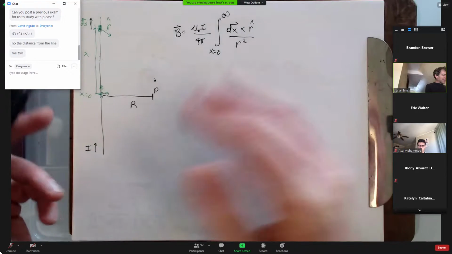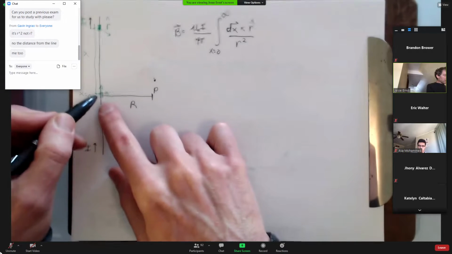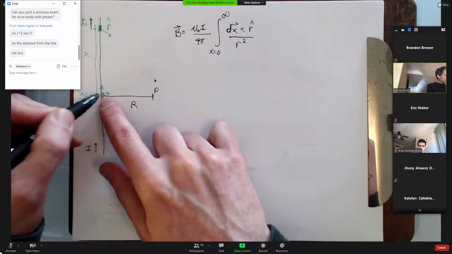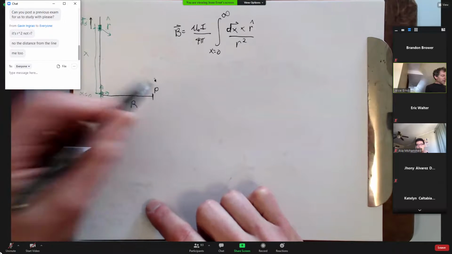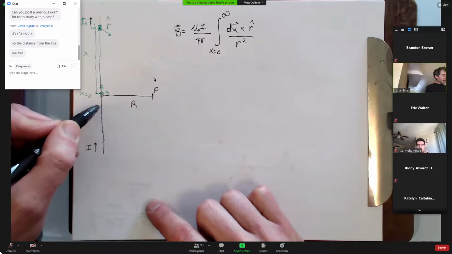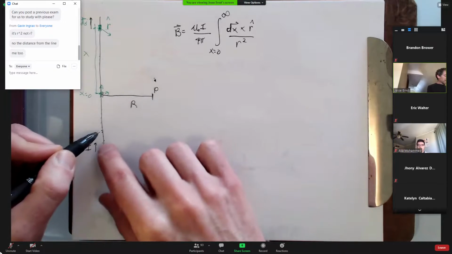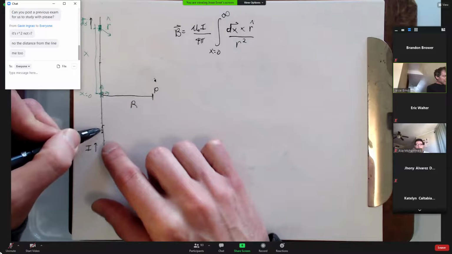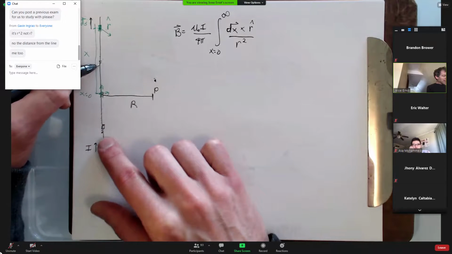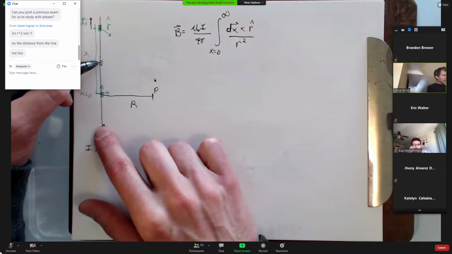And you say, well, wait a second, that would only include the current elements from x equals 0 up to infinity. What about the B field contributions here from all of these elements? Well, those would be the same. The contribution from this element will be the same as the contribution from its partner on the other side.